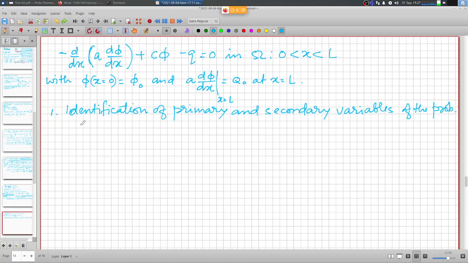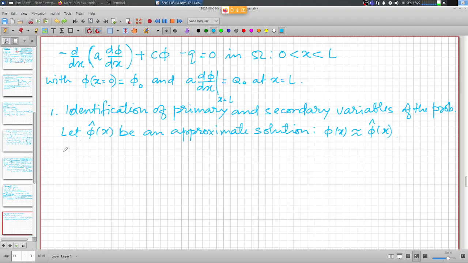So how do you do that? Let us consider approximation. Let us consider phi hat as an approximate solution so that phi of x is approximated by phi hat.